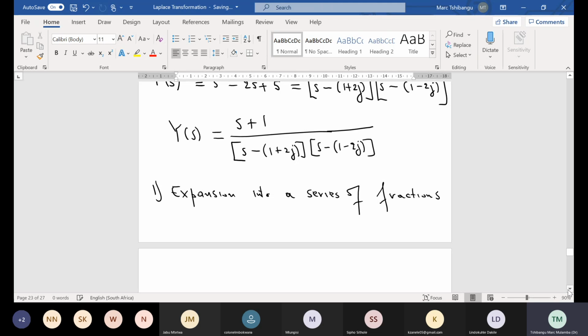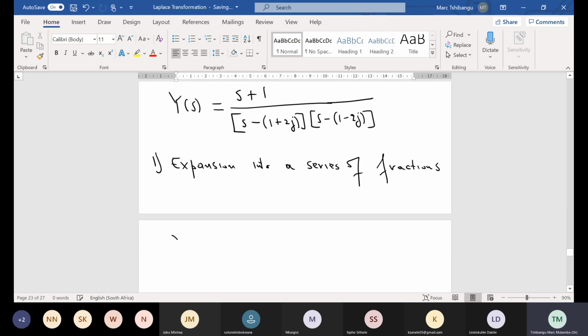Then we can say Y of s is equal to C1 over s minus 1 plus 2j plus C2 over s minus 1 minus 2j. You can use any constants, A, B, whatever you feel comfortable with.